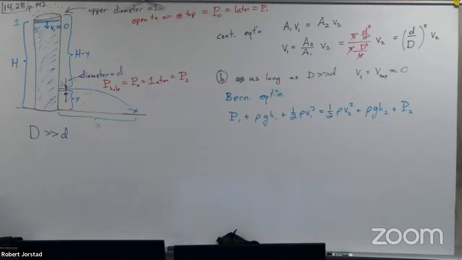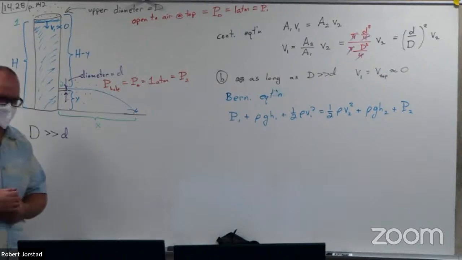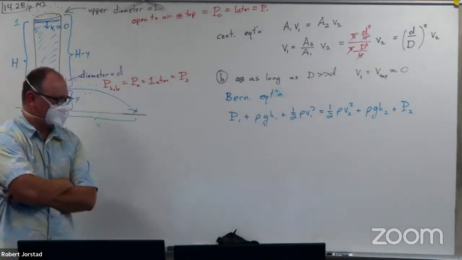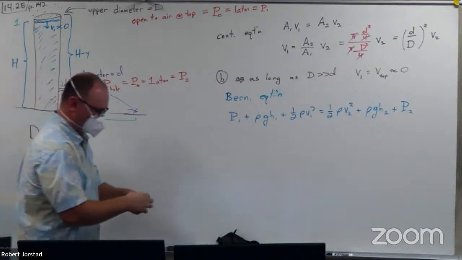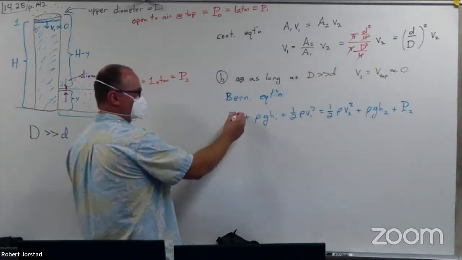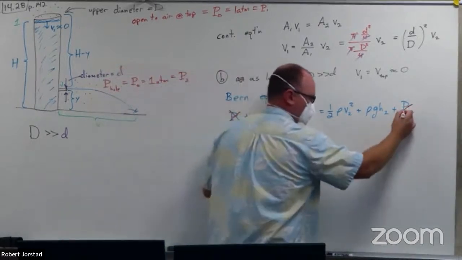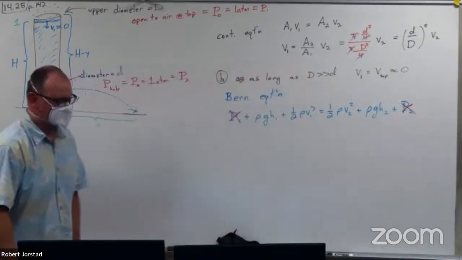Which terms drop out? Pressure 1 and pressure 2, because they're both 1 atmosphere. Exactly. These are both 1 atmosphere, or about 10 to the 5th pascals. So they're going to drop out.